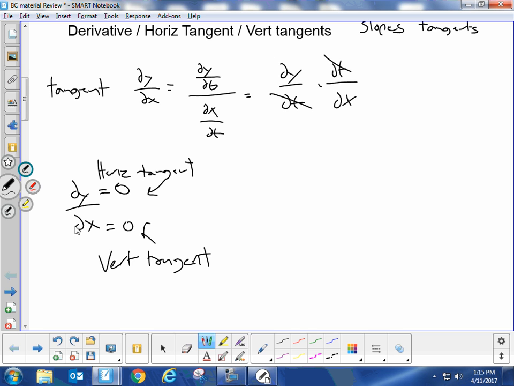That means I'm not moving left or right, but I am moving up or down. And dy equaling 0 is not moving up or down.